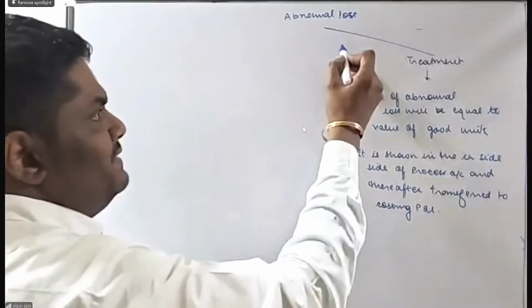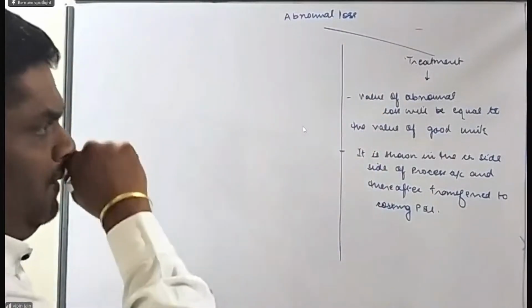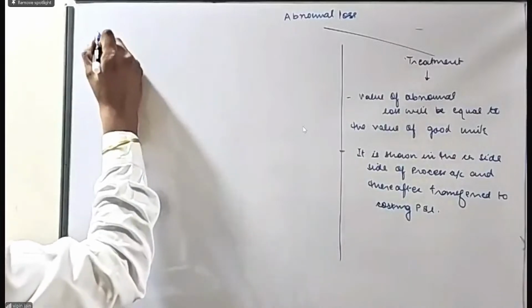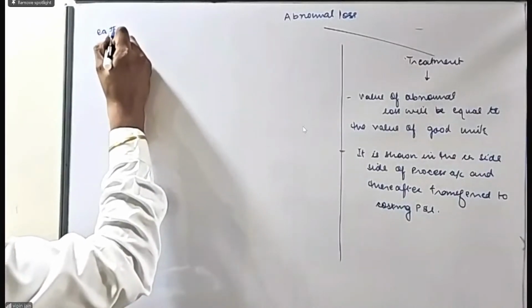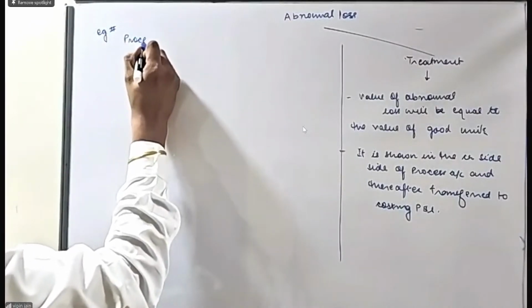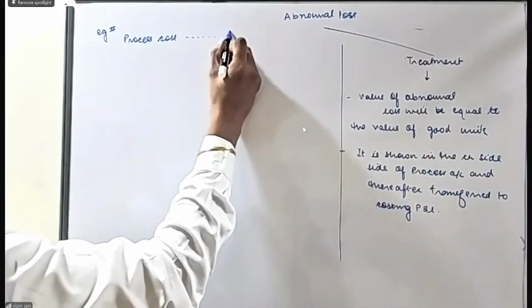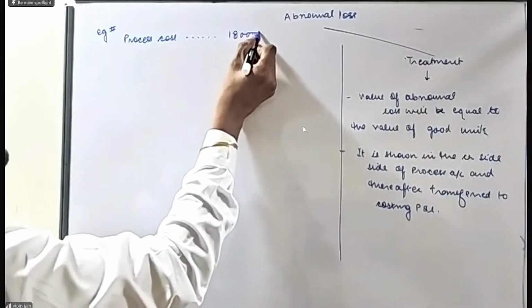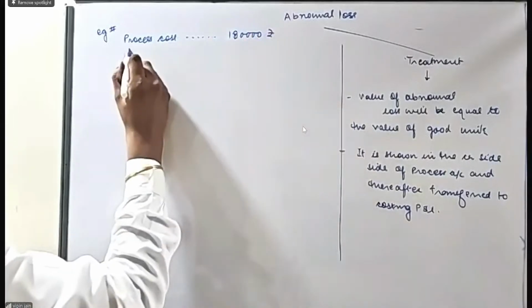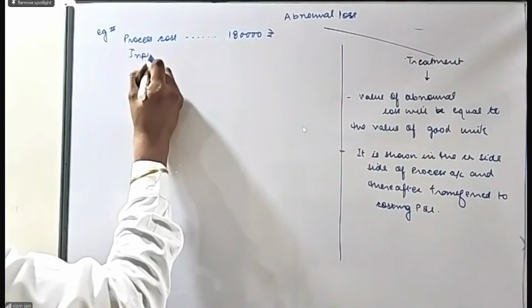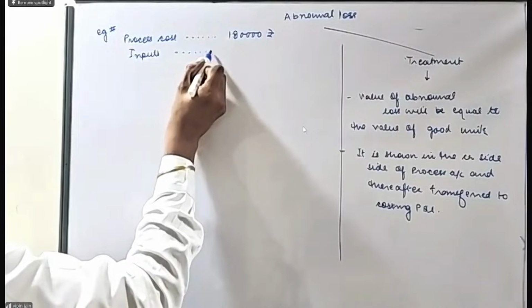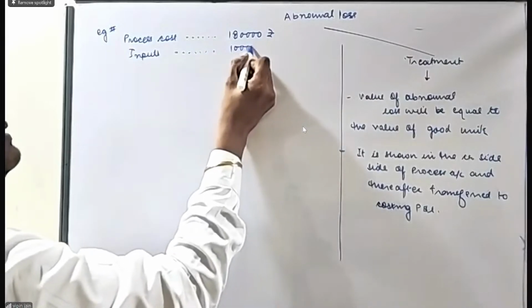So let's discuss this treatment with the help of an example. Let's say again, my process cost is 1,80,000 rupees. My inputs are 10,000 units.